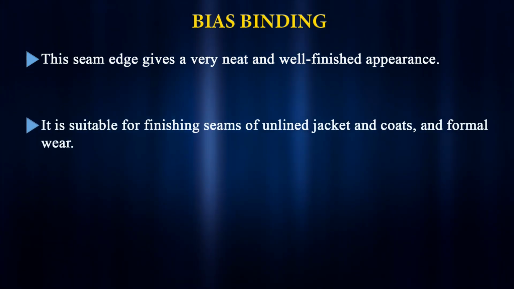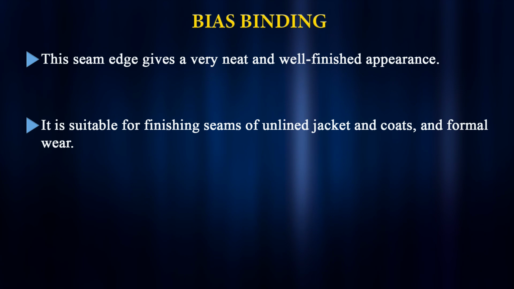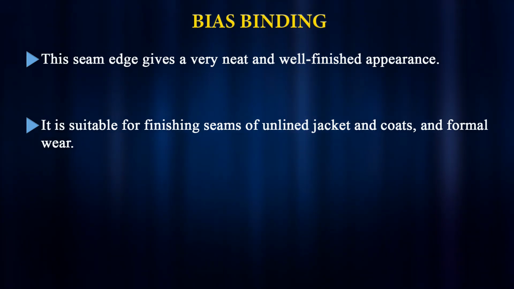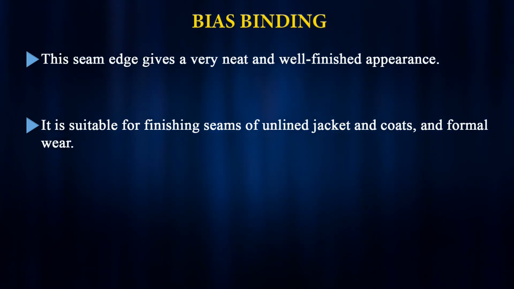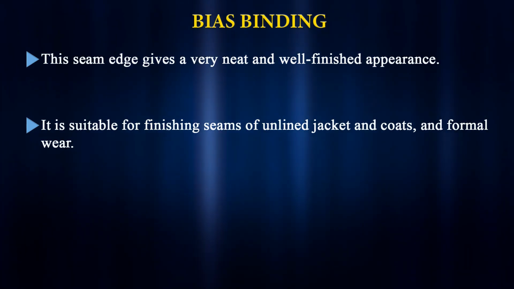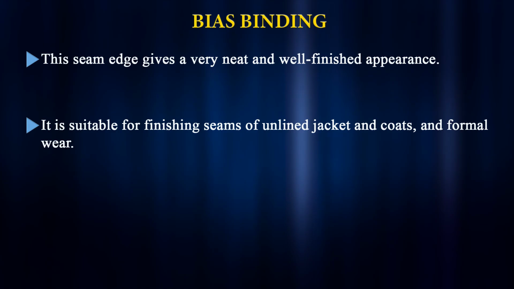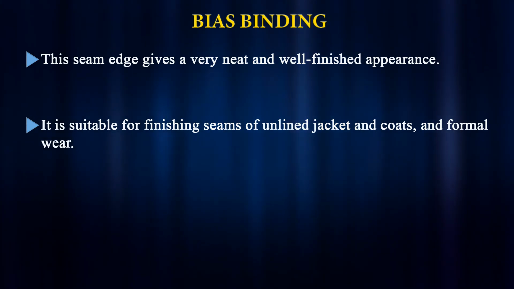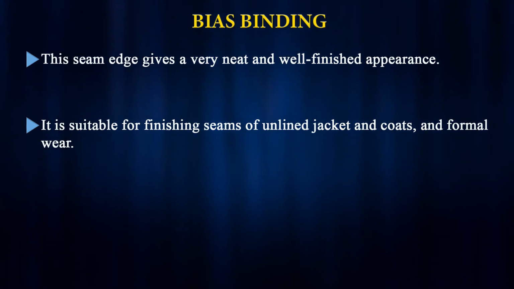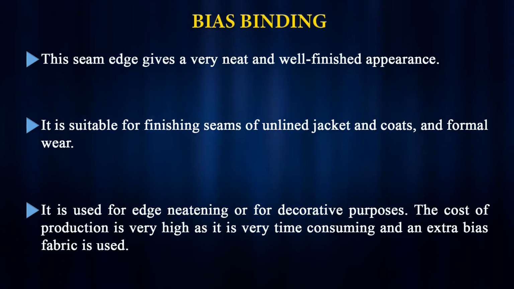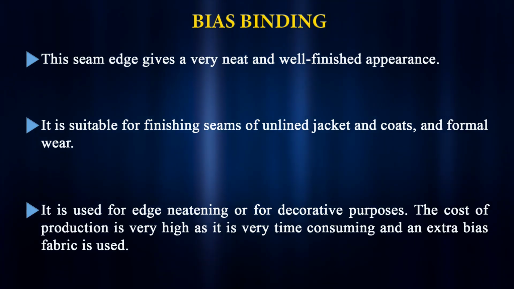It is suitable for finishing seams of unlined jackets or coats or formal wear. You generally see these finishes used on your formal wear or the jacket or coat you wear. It is used for edge neatening or for decorative purpose.